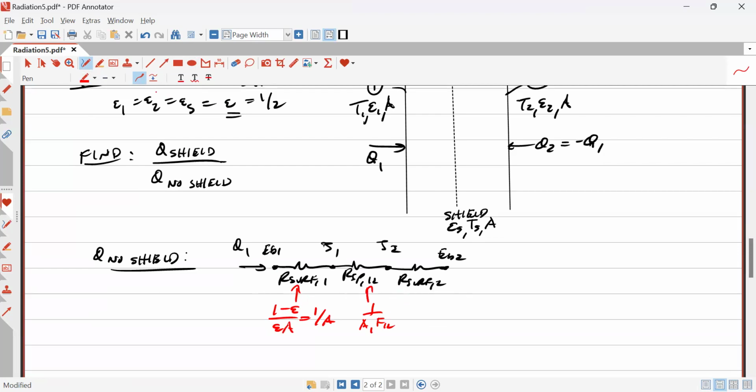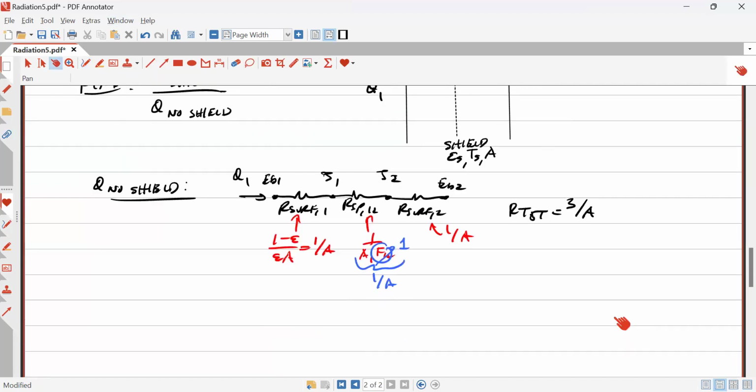Again, F12 is equal to 1. All the radiation leaving surface 1 has to hit surface 2. So what you get combined then is 1 over A. R surface 2, just like R surface 1, is also going to be 1 over A. So R total is equal to 3 over A in this case.